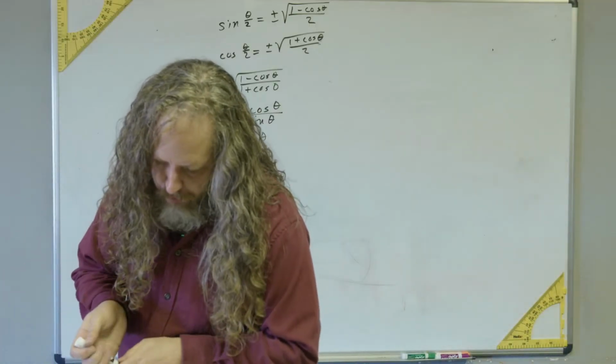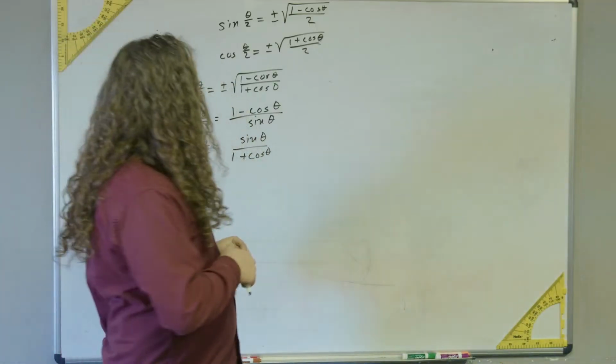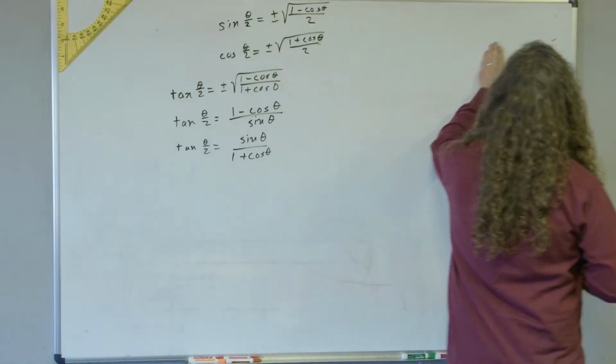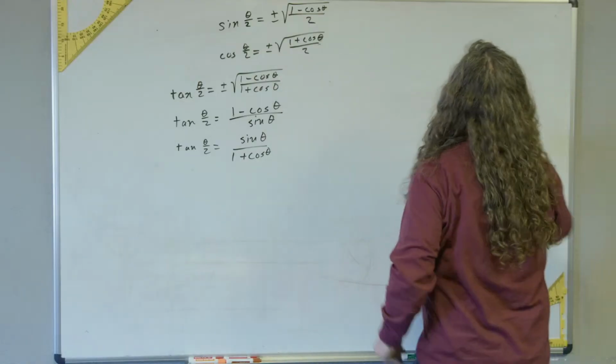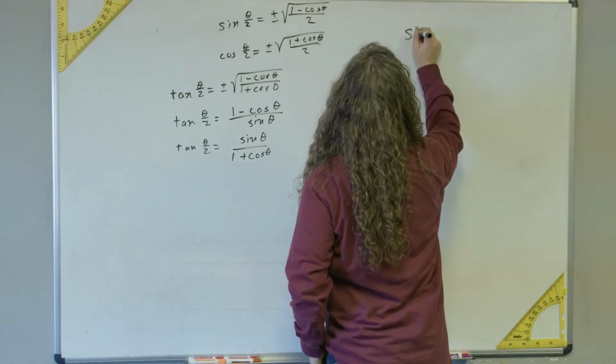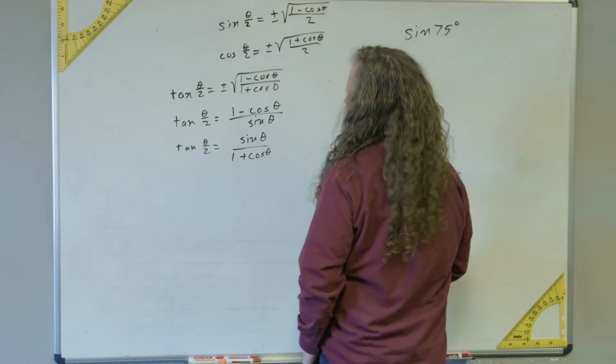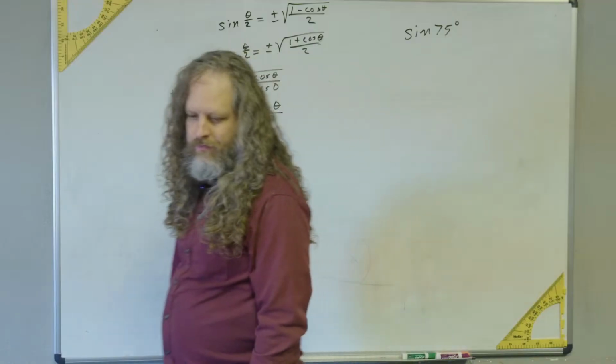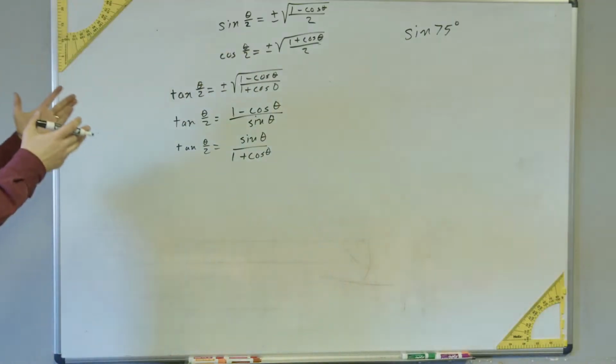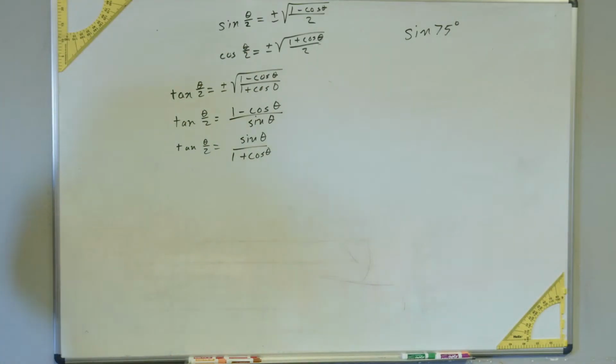It's like, oh no. Let's find the exact value of the sine of 75 degrees. That's not a special angle. Oh no. So we got to turn it into something else.